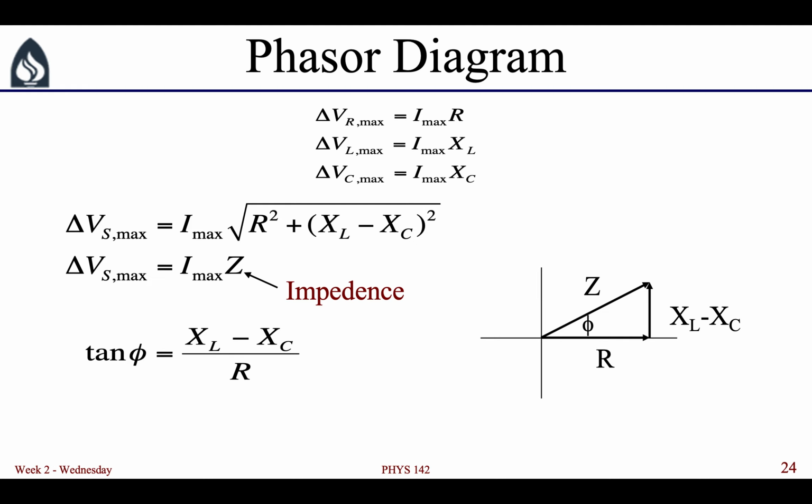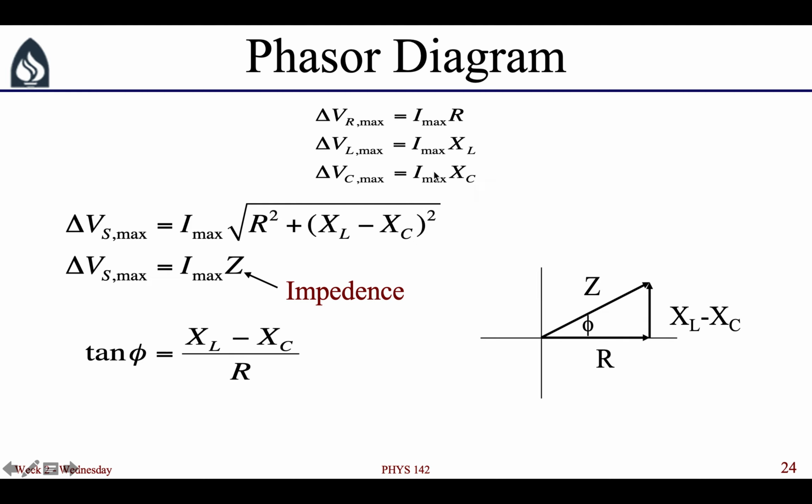We know that we can write down an Ohm's law-like relationship for all of the components in our circuit. The maximum voltage across the resistor is equal to I max times R. The maximum voltage across the inductor is equal to I max times the inductive reactance, and the voltage across the capacitor is equal to the maximum current times the capacitive reactance. We can write these same things down for all RMS quantities as well.